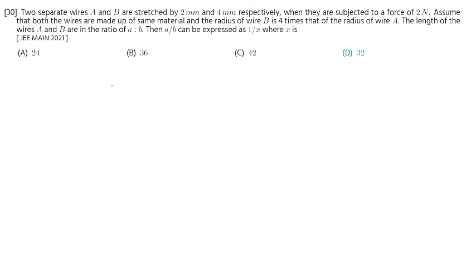Now for material A we will write F by A is equal to Y into delta L by L. That is Y into 2 millimeter, and the length is A. And for wire B, F divided by area, here we can write it as pi r square also.